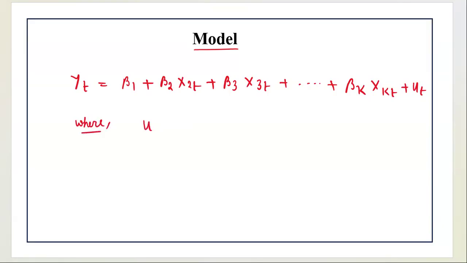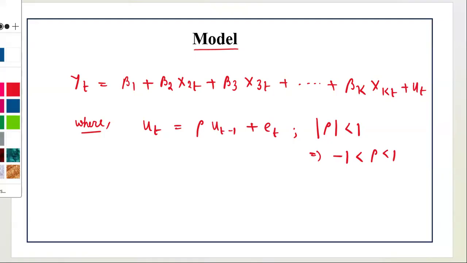Where ut will take a particular form. Ut will be rho ut minus 1 plus some et. Also, the mod value of rho has to be less than 1, which basically means that rho lies between minus 1 to plus 1, right?